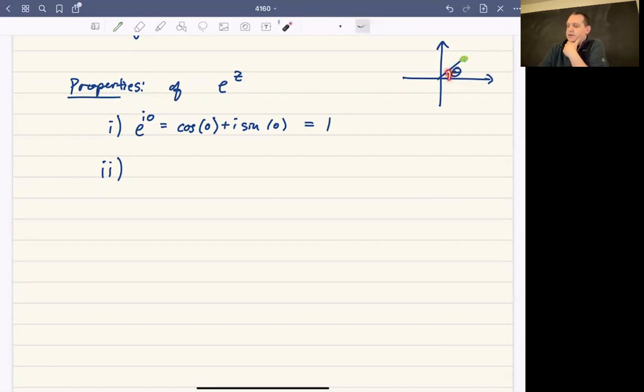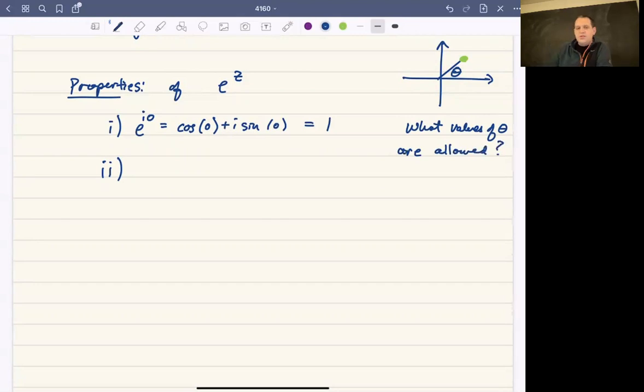Then theta can be its polar angle, or theta plus 2 pi can be its polar angle, or theta plus 4 pi, or theta minus 2 pi. And so what we have to do is make a decision about what values of theta are going to be allowed.